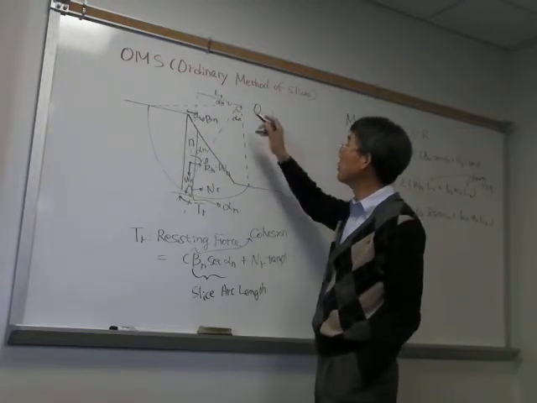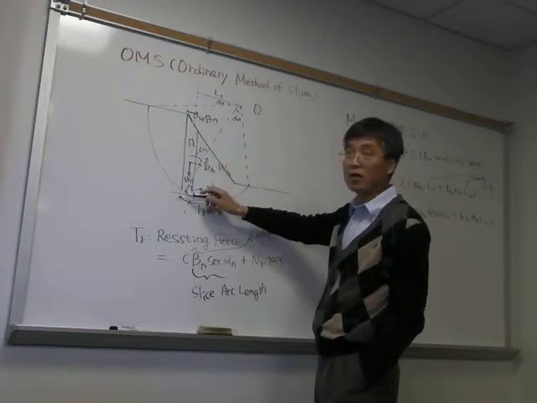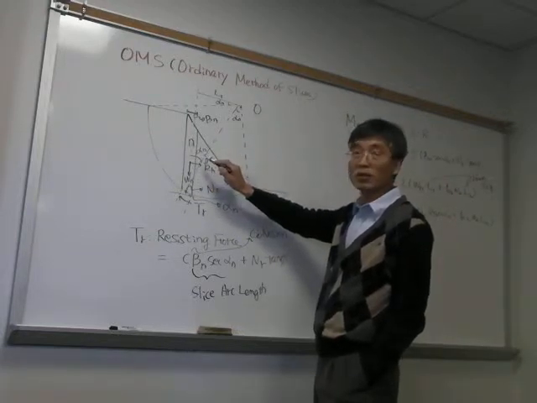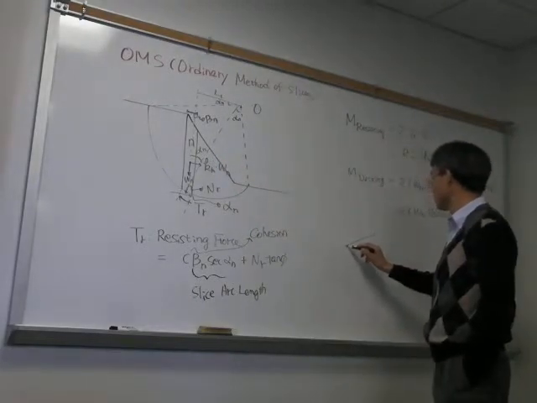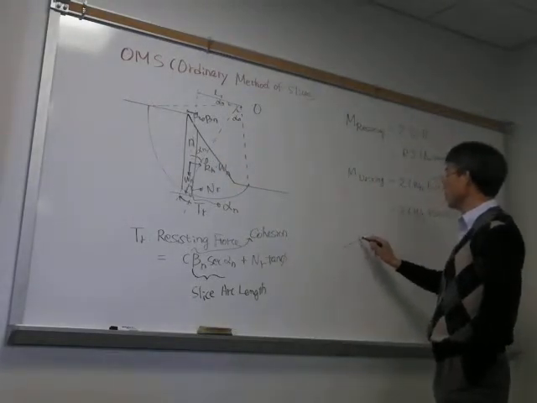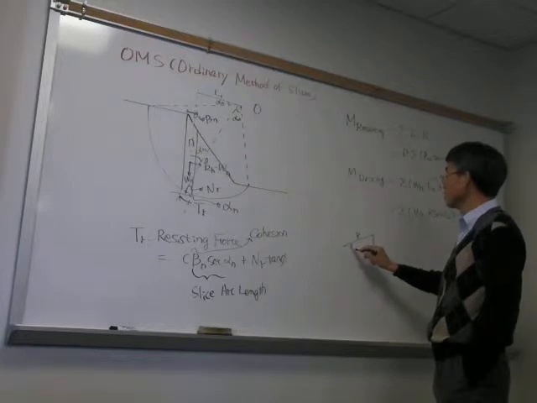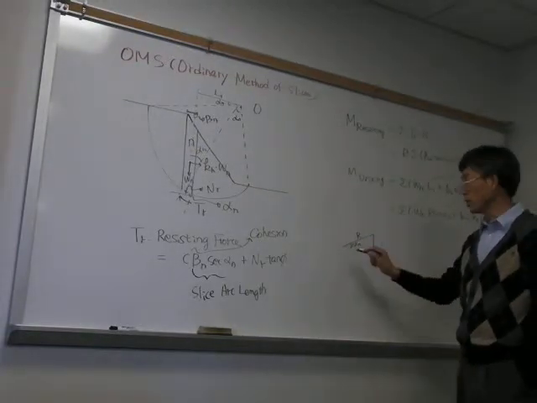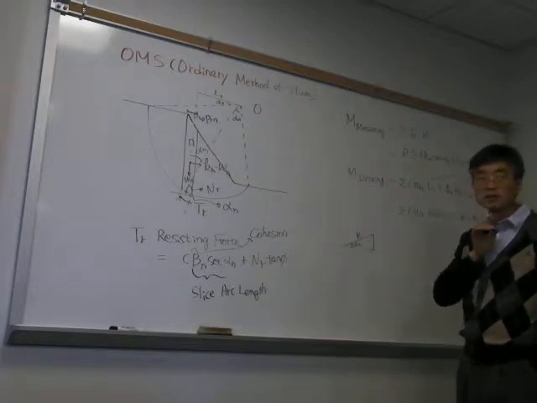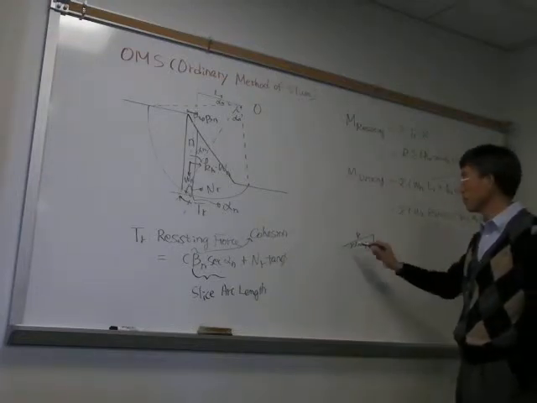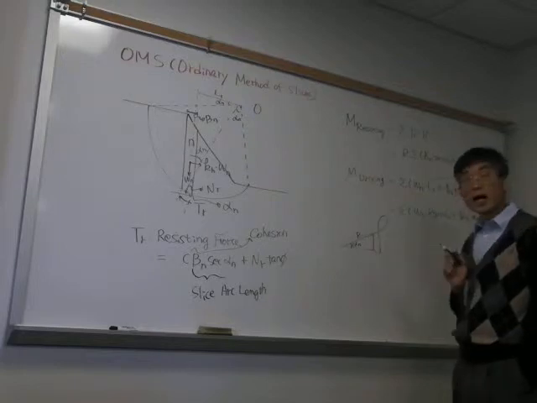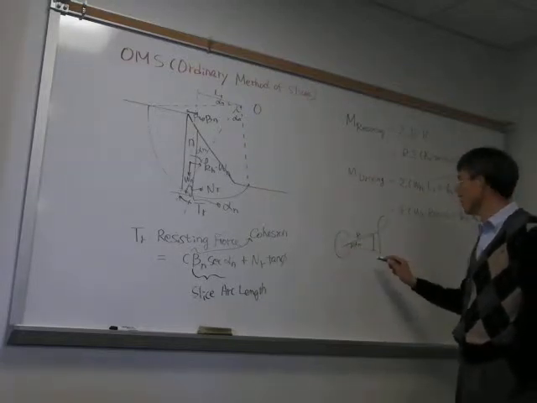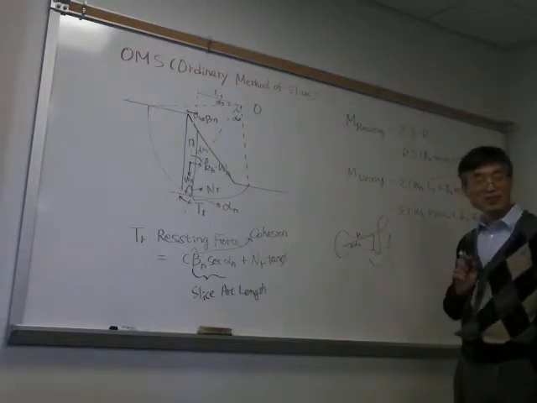But we know this one is the radius, R. We know this angle is this one. Let's plot it this way. We know this is R, this is alpha n. Sine is this one. Whenever there is confusion, always try to record it this way: sine, cosine, tangent.